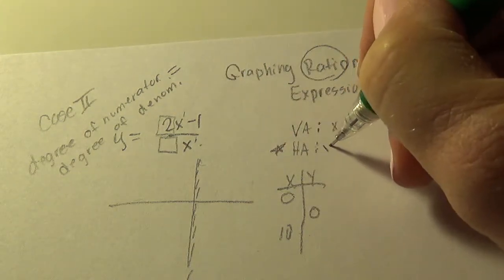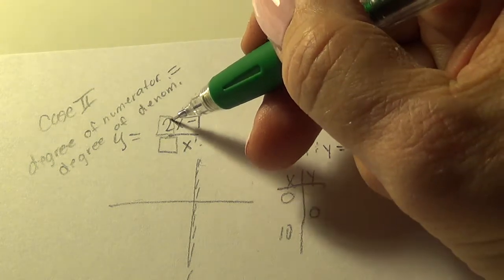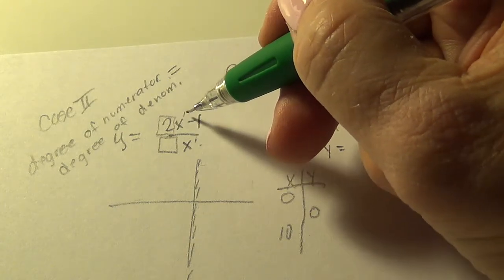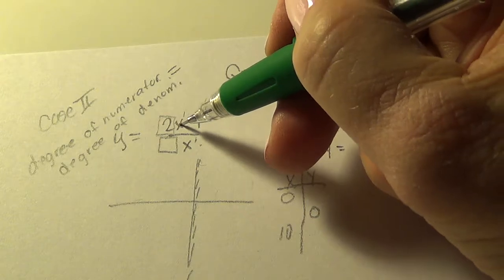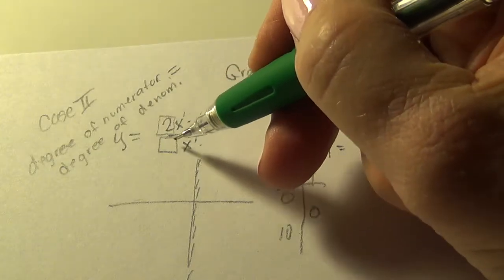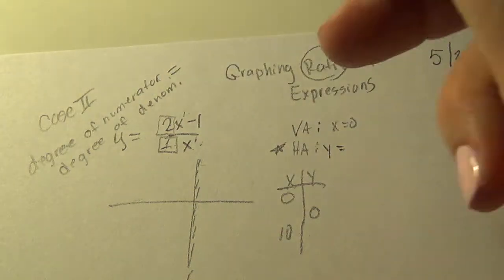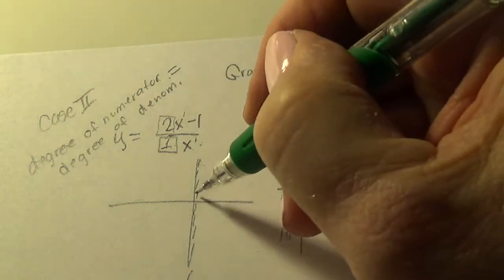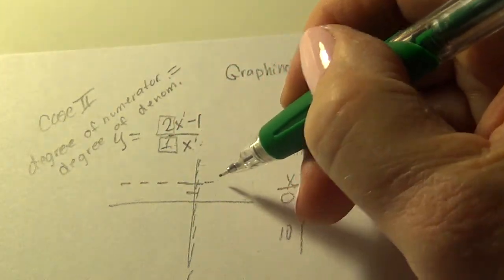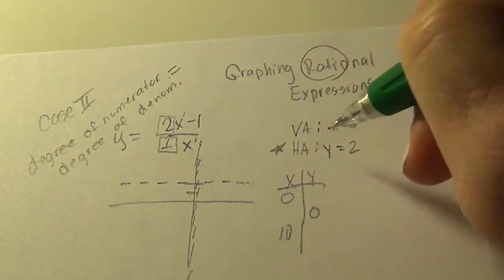Y equals, the lead coefficient is 2, so that's the number in front of the term with the highest power in the exponent of the variable. So here's the variable, the highest power is 1, its coefficient is 2, divided by the coefficient of the lead term in the denominator, which is 1. 2 divided by 1 is 2. So we have a horizontal asymptote at y equals 2. And that's the basic difference between the two cases, right there.